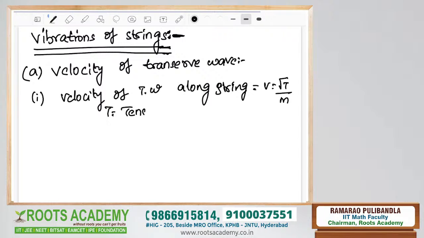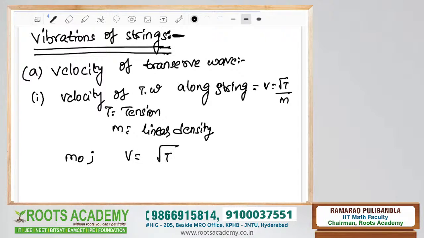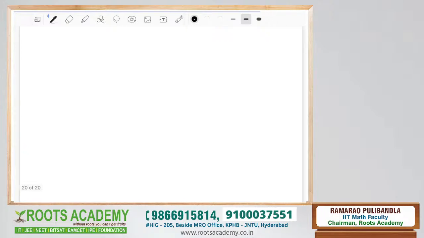And if mass m0 is given in the problem, then velocity will be defined as under root of T into L divided by m0, where L is nothing but the length. So this is the case when the velocity of the transverse wave is along the string.